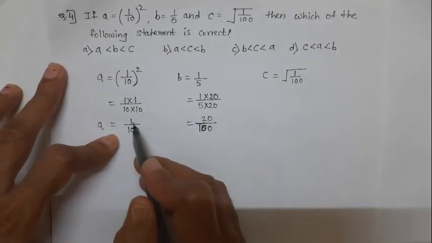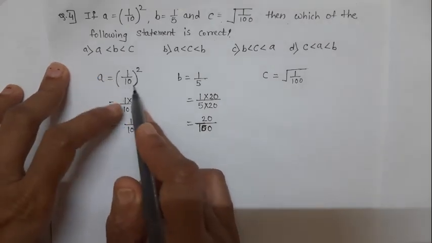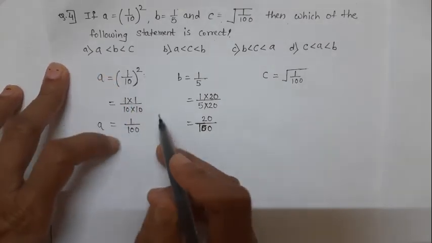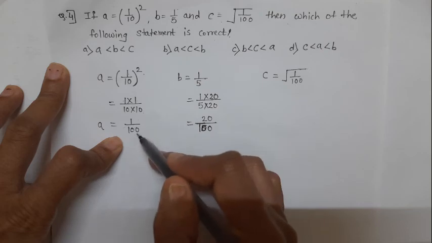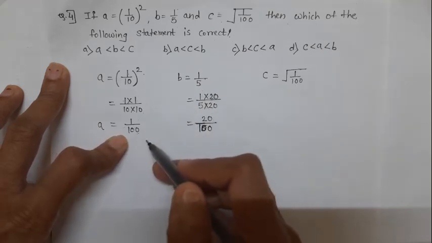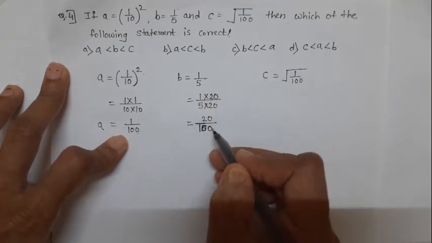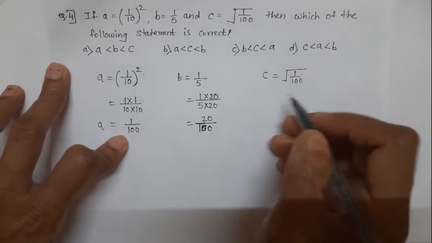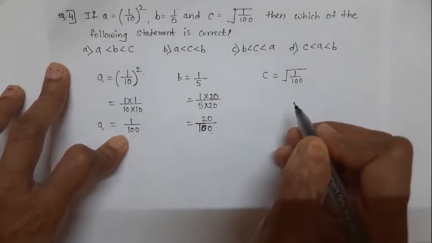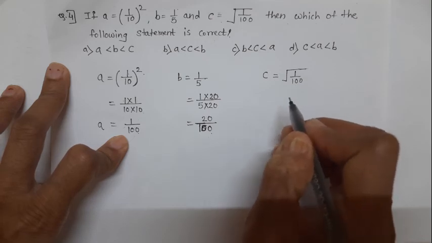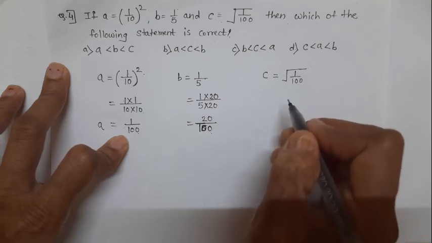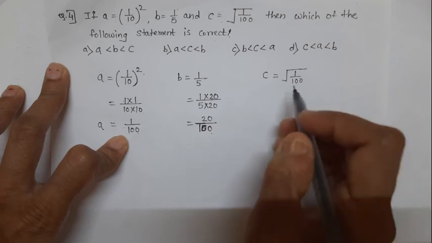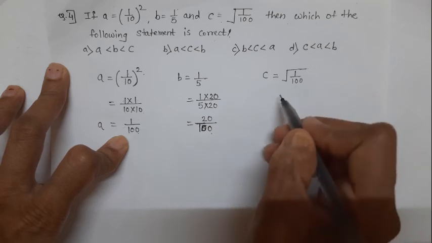Now see here also. You did the square of this number, then how do you compare? Here we got 100, so let's make the denominator 100. Now here what to do? This is so easy.